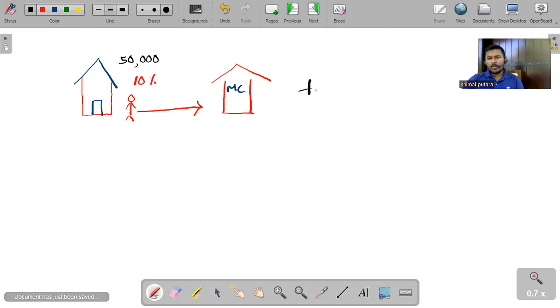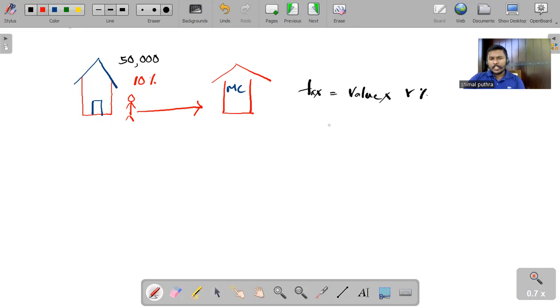So the tax amount we have to pay, from the valuation, we have to multiply the value by the rate. So that is 10%. I will take that one as R over 100%.